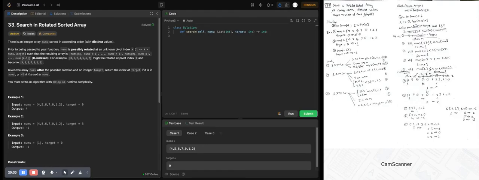Okay, anyway, so let's create a mid that is set to length of nums divided by 2. Then I will need a left and right pointer. The left initialized to 0, the right is initialized to length of nums minus 1.